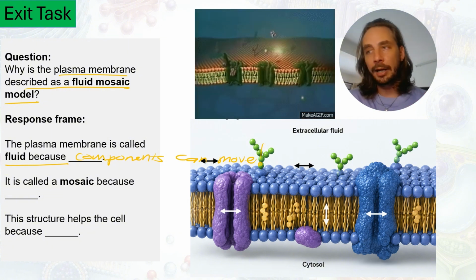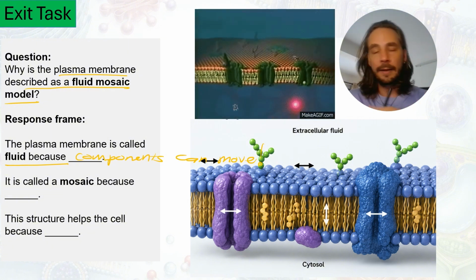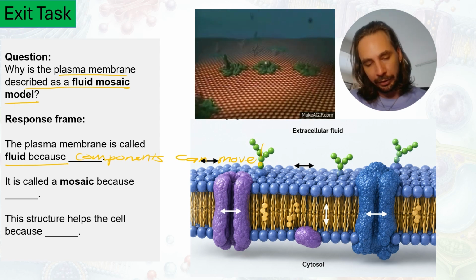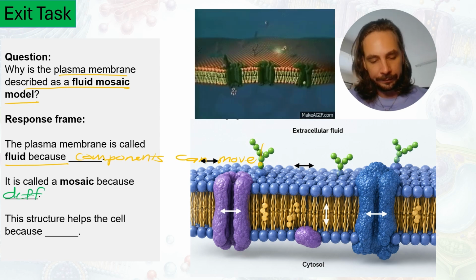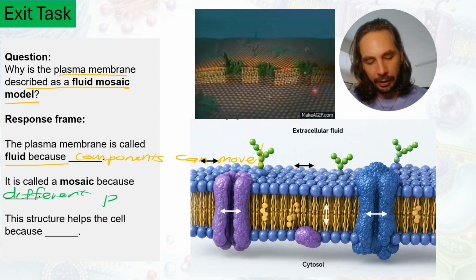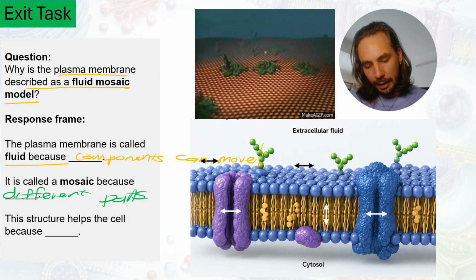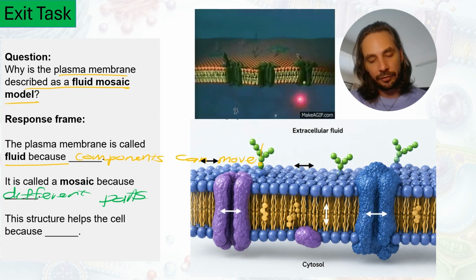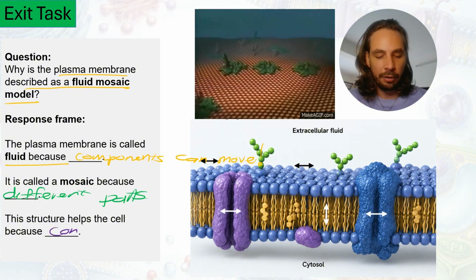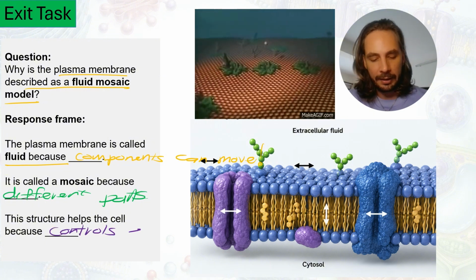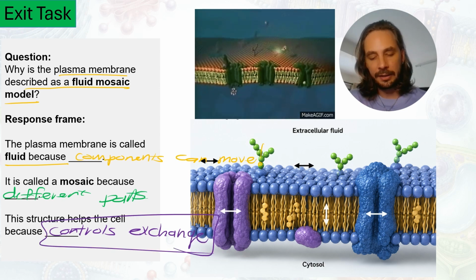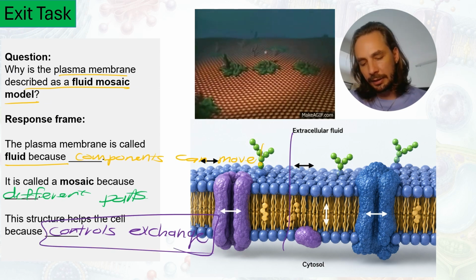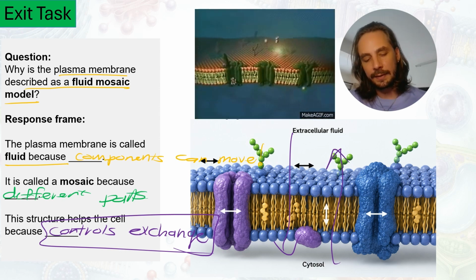They can move around within the plasma membrane. And then it's called mosaic because it's made of different parts. And together, these structures help the cell because it controls exchange. Okay, it controls the exchange of materials into the cell and out of the cell.